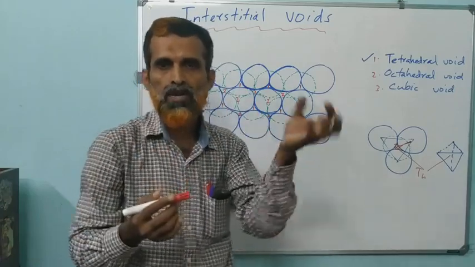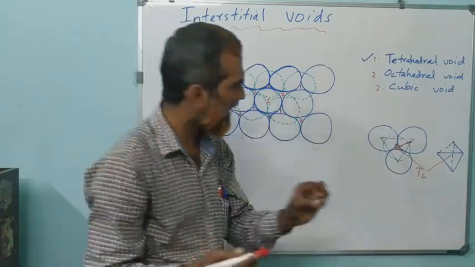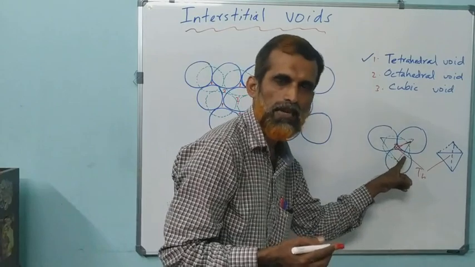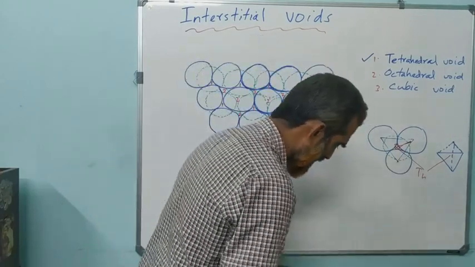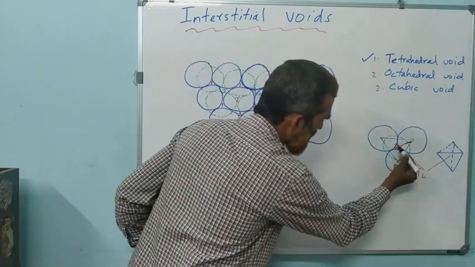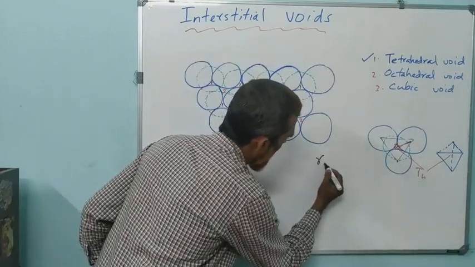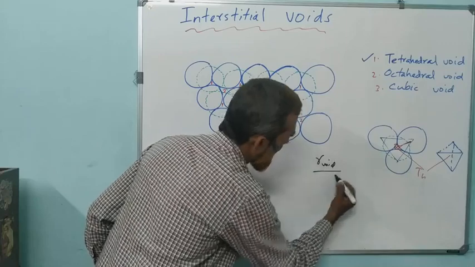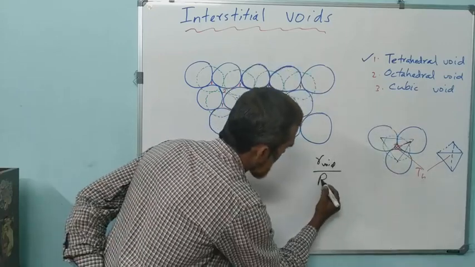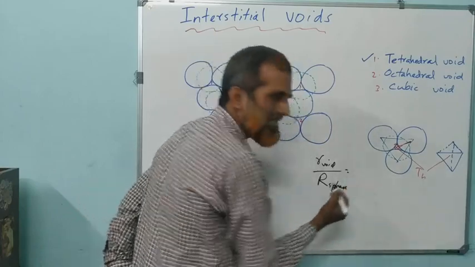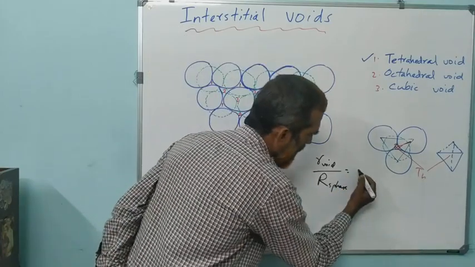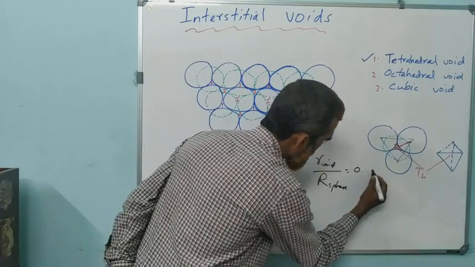That means if you keep a small sphere, just fit enough to go inside, what is the radius ratio? That's very important. The radius of this void, written r_void, divided by the radius of the particle or sphere, R, can be easily found to be 0.225.